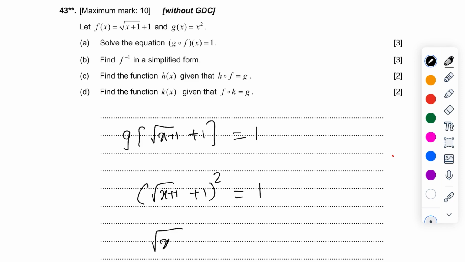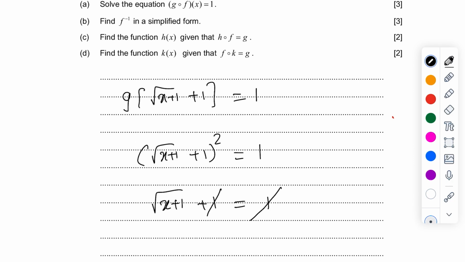So square root of x plus 1 equals 1. So what happens? 1 and 1 get cancelled. So square root of x plus 1 equals 0. Means x plus 1 equals 0. It implies x equals negative 1.